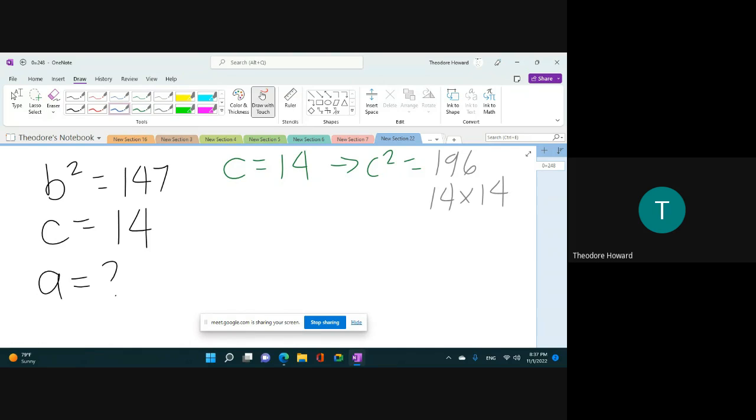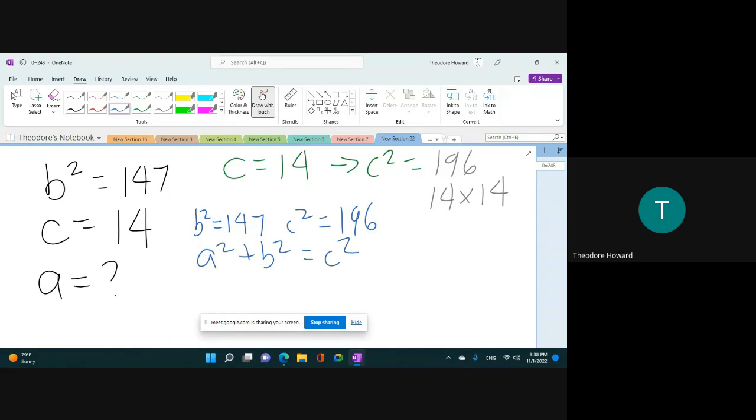All right, so let's do this. We know B squared is 147, right? And we know that C squared is 196, right? So what's the formula for the Pythagorean theorem? A squared plus B squared equals C squared.